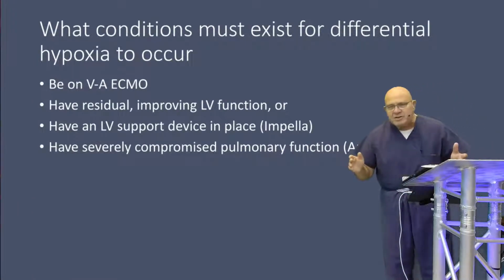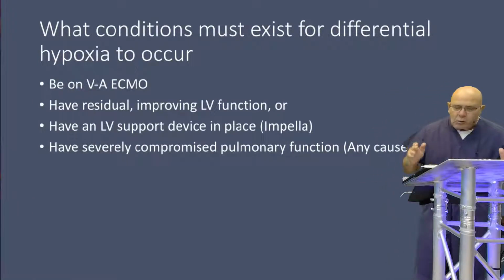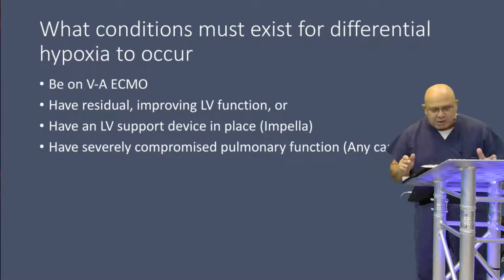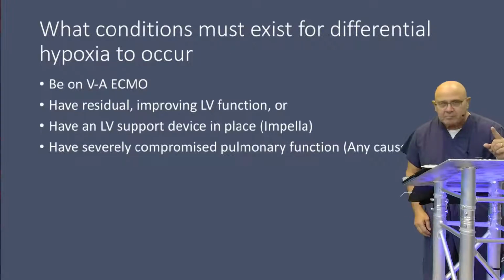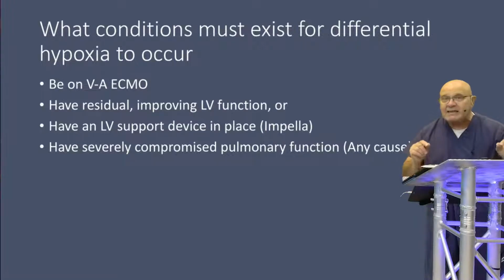So the next question you have to ask is, what conditions must exist for differential hypoxia to occur? Well, one, you have to be on V-A ECMO. Two, you have to have residual or improving LV function, or, and this is very important, have an LV support device in place like the Impella.